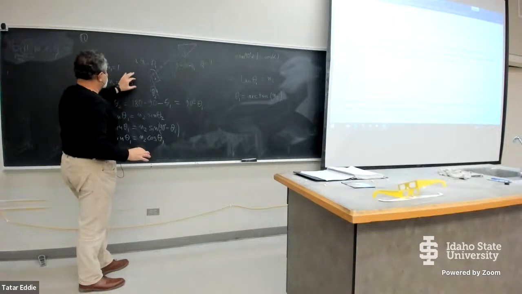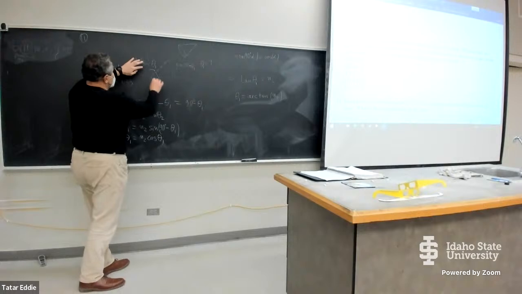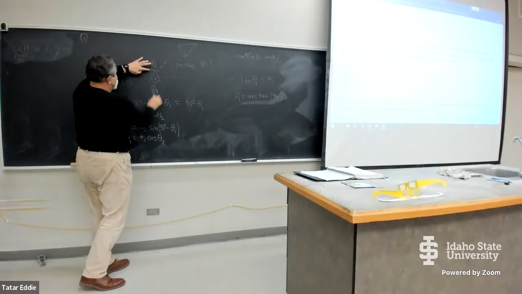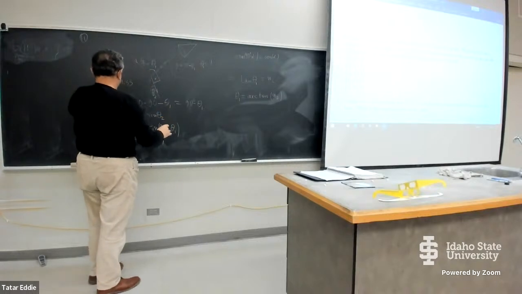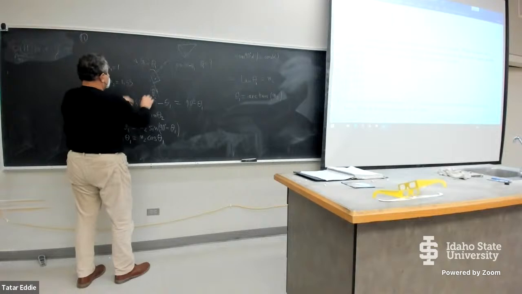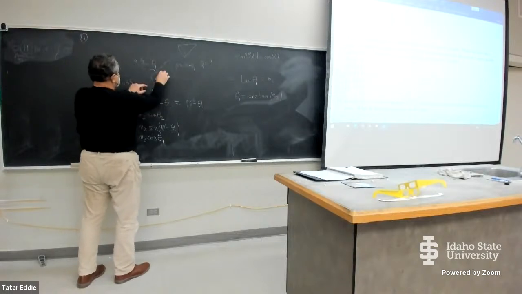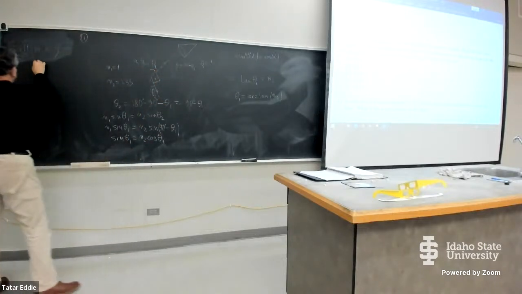So your angle theta 1 is equal to 180 minus 90 minus theta, theta 2 is 180 minus 90 minus theta 1. Right? This is what we have.